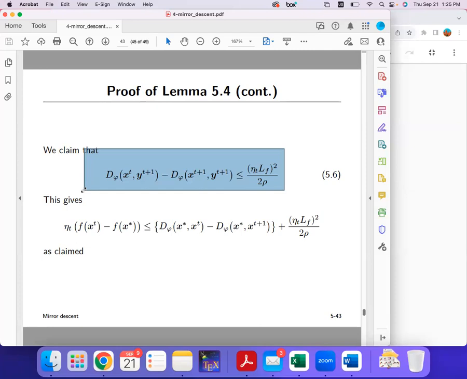Intuitively, it makes sense because y_{t+1} is fixed. The only difference is x_t and x_{t+1}. So if the algorithm takes a very small step size, then these two divergence terms should be close to each other.